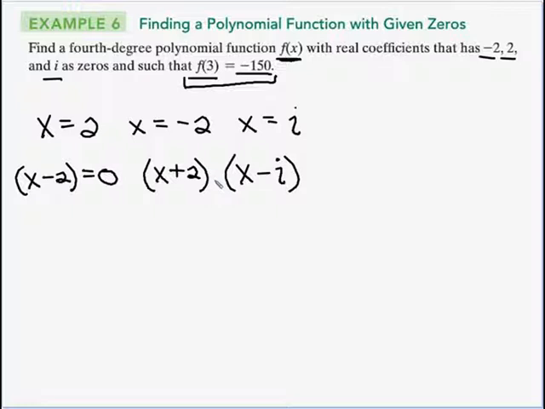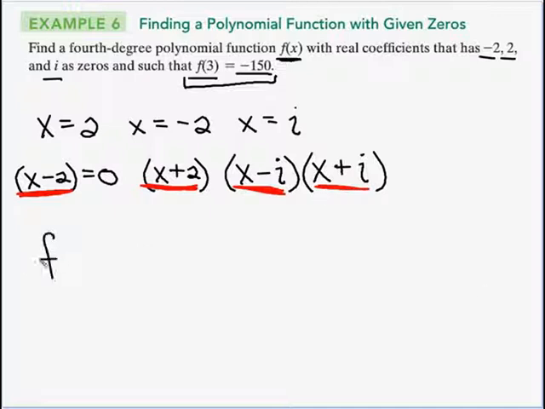And remember at the end of the last video, after example 5, we had properties of these roots. And remember that the imaginaries come in complex conjugates only. So if x minus i is a factor, then x plus i must also be a factor. So here are our 4 factors: x minus 2, x plus 2, x minus i, x plus i. So we're getting close.